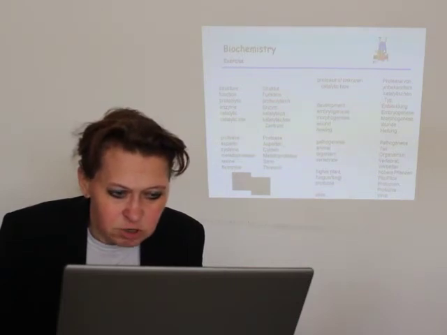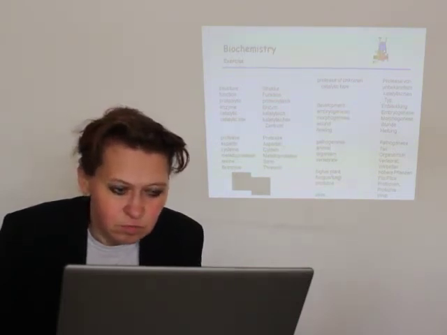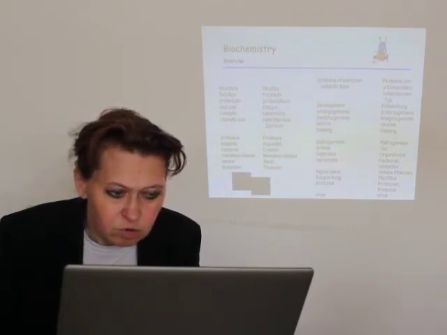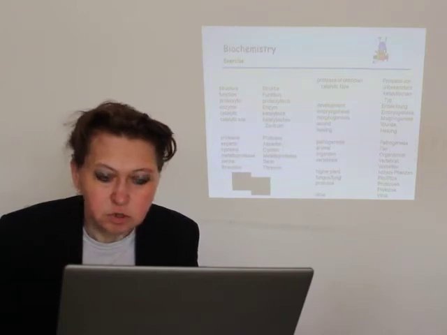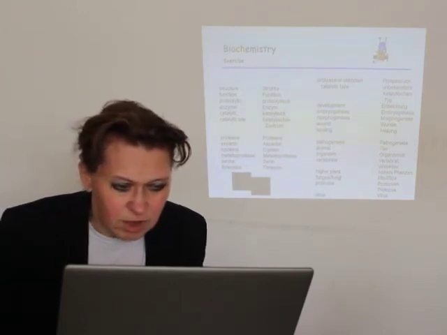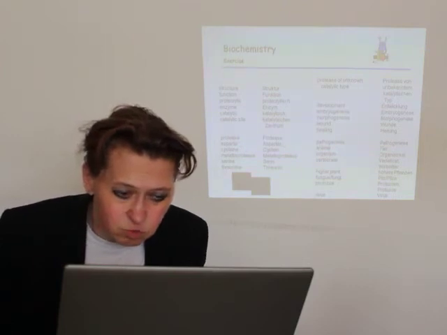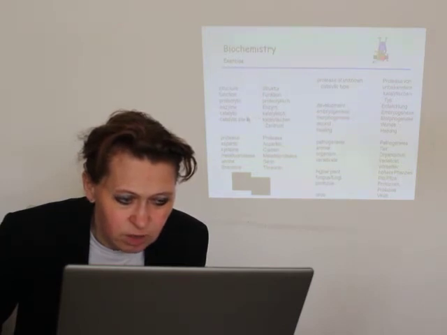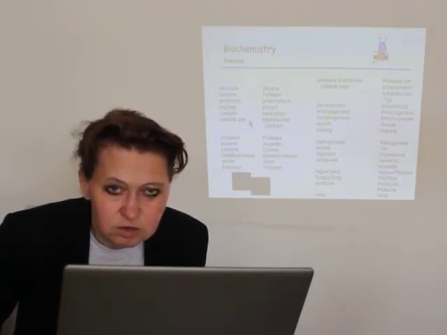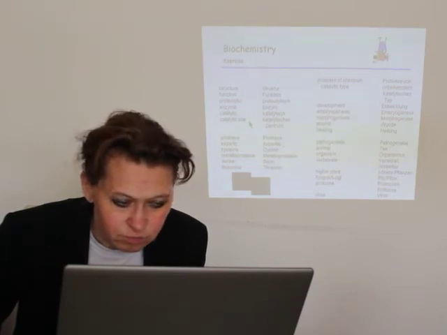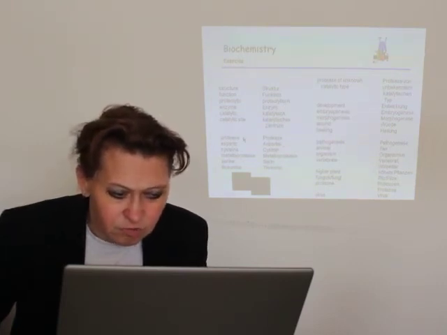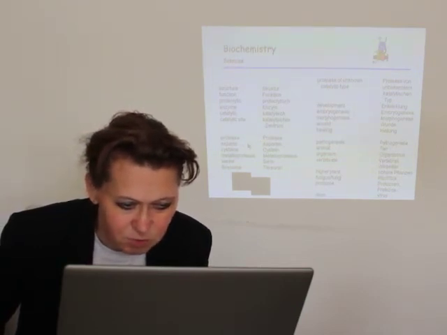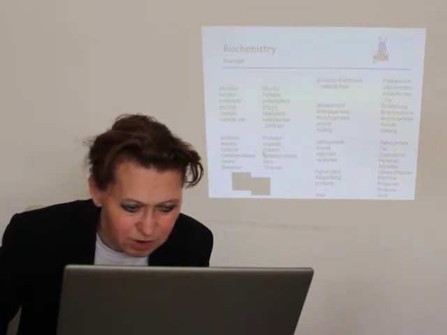So, structure means Struktur. Function, die Funktion. Proteolytic is in German proteolytisch. Enzyme, Enzym in German. Catalytic, katalytisch. Catalytic site, katalytisches Zentrum. We see protease, Protease, aspartic, aspartate.